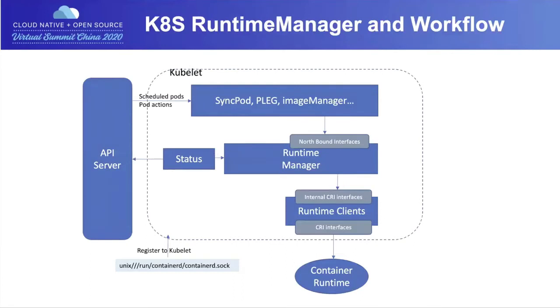Let's first briefly give a high-level review to refresh everyone's memory before we dive into the unified runtime design. Kubelet gets container runtime endpoint via the container runtime and the container runtime endpoint command line arguments. Kubelet uses this information to construct the remote runtime services and pass it into the kube generic runtime manager object.